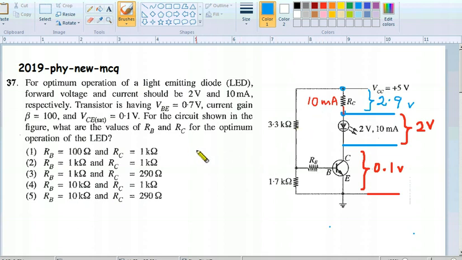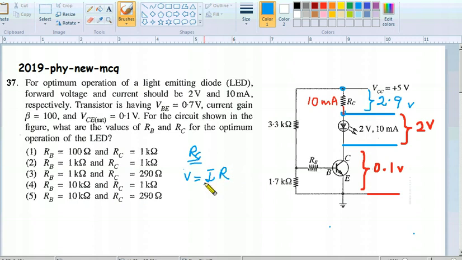So for RC we can write, V equals IR, because since it is a resistor we can use this equation, but you can't use Ohm's equation for this diode and neither for this transistor because they are semiconductors. Only for metallic resistors, passive resistors, we can use this equation.